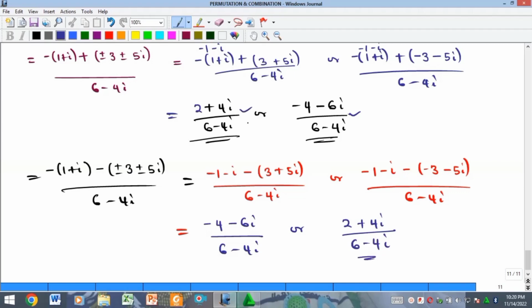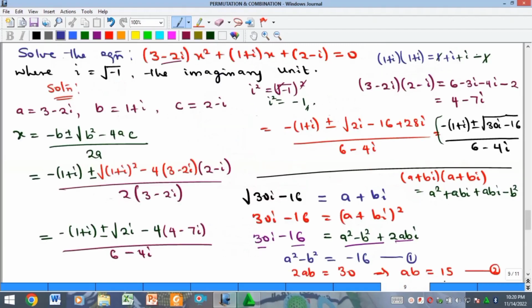So you can see that it's just repetition. In other words, this is in essence our solution. So it is either that your x is equal to this or it is equal to this. So these are the two possible solutions to the quadratic equation that we are given here.